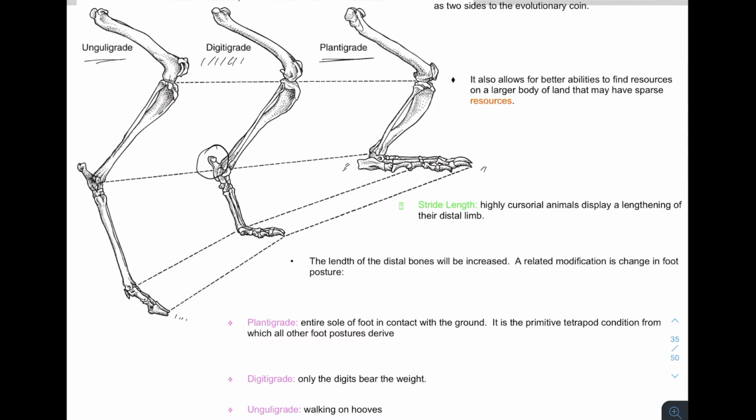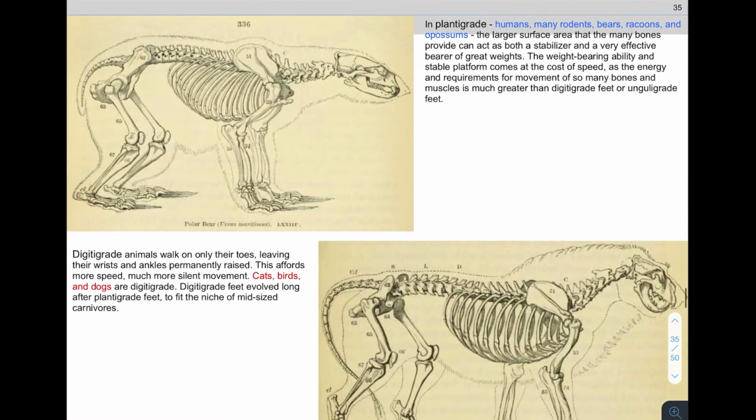We are gaining length of the limb, and stride length is a big deal for speed. So think about the speed of different animals that you know of and their manus and pes anatomy, and how they place it onto the substrate and how that relates to the speed of their locomotion.